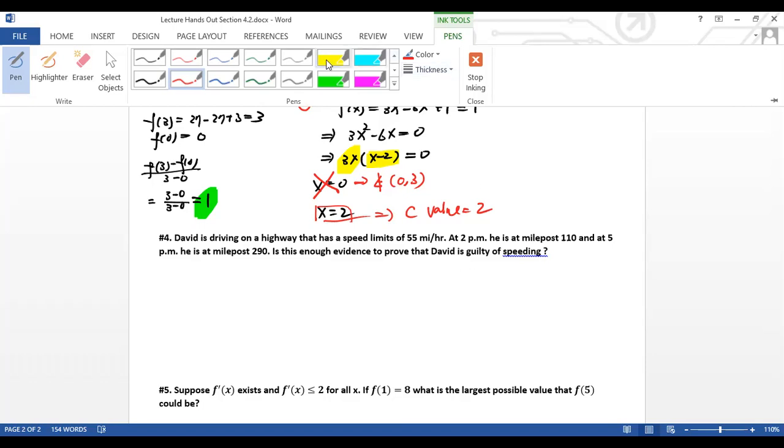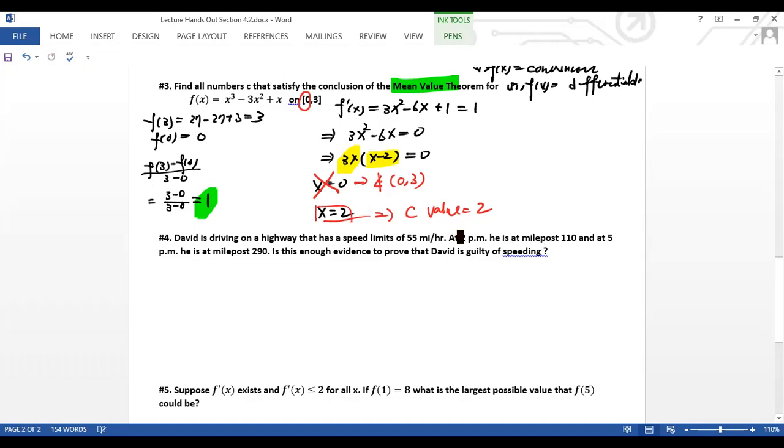So the first thing is let's take a look here. At time 2 the milepost is 110, and at time 5 the milepost is 290. So I have two points here: 2 at 110, and 5 at 290.